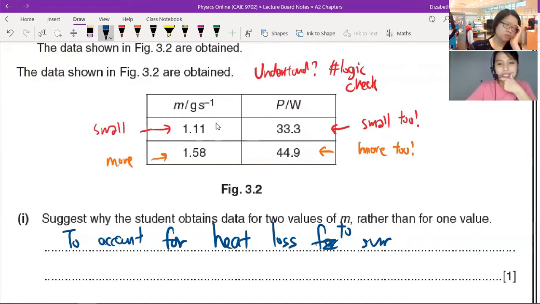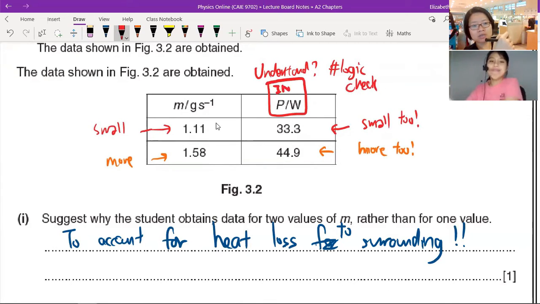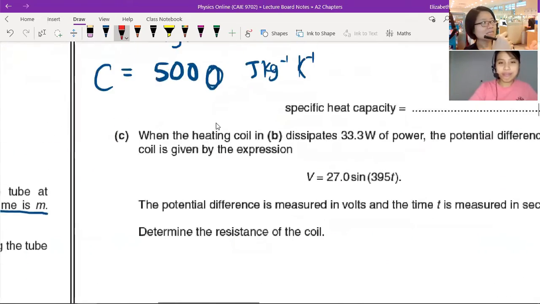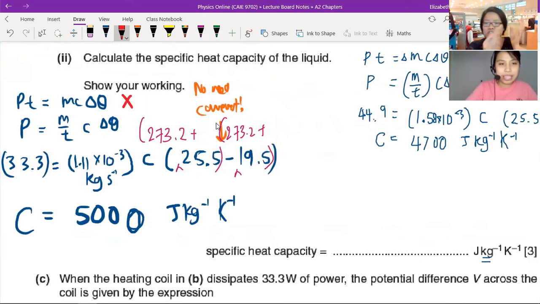So we need to think a bit using conservation of energy. The power gives the system heat, but not all of that heat went to increasing the temperature. So not all the heat went to MC delta theta. So your Pt will be MC delta theta plus what is lost to the surrounding. Can change maybe a different color. Use red color.